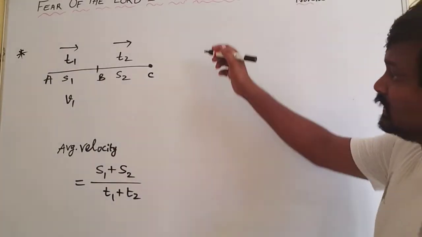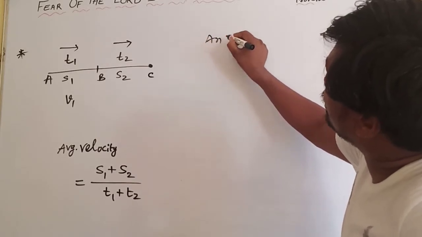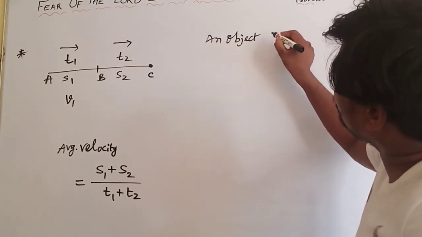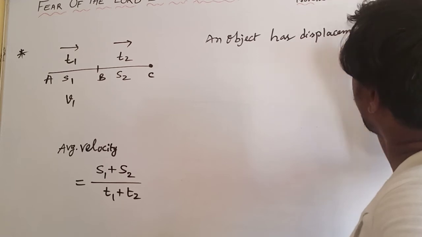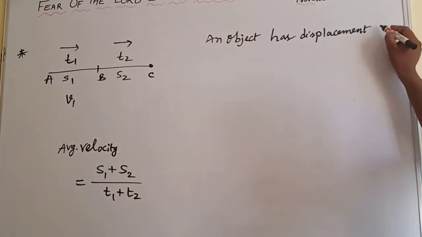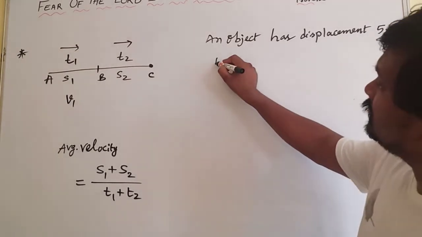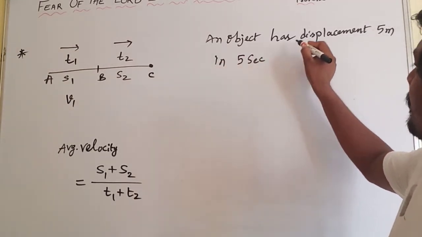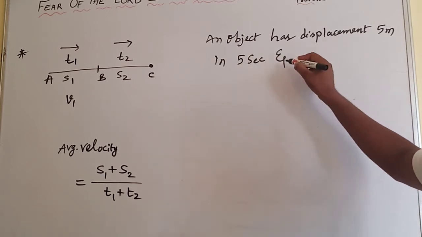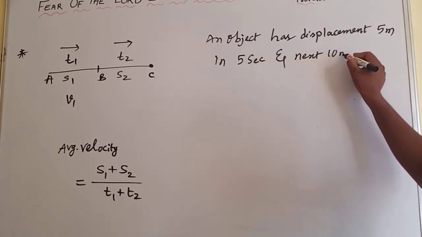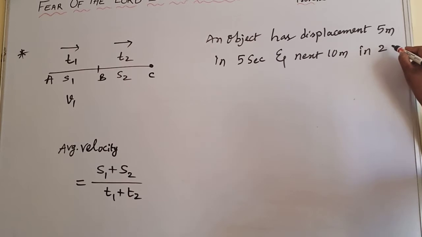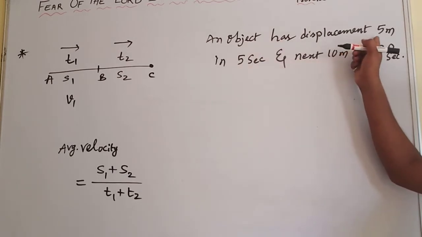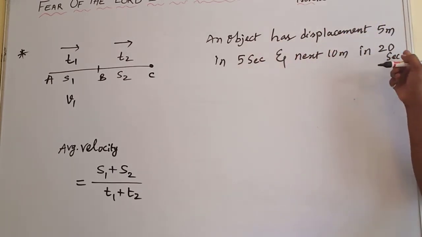Now, in your examination, how will they ask a question? They may write: an object has a displacement of 5 meters in 5 seconds, and next 10 meters displacement in 20 seconds.